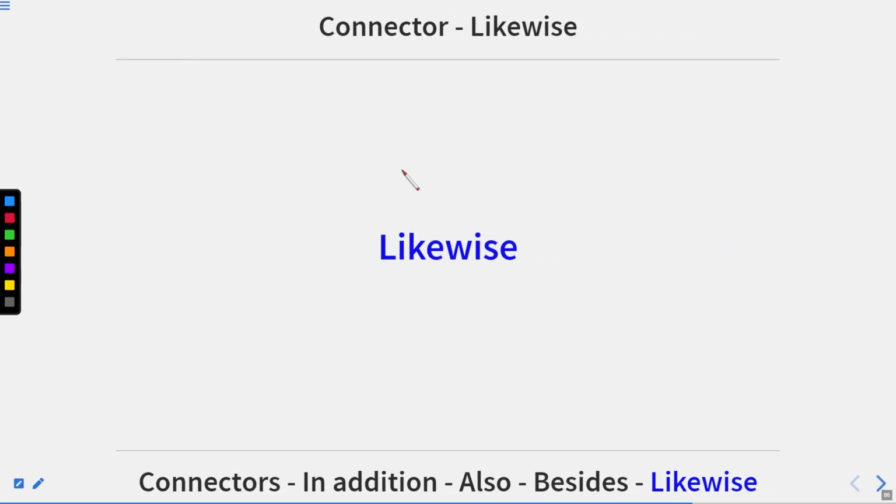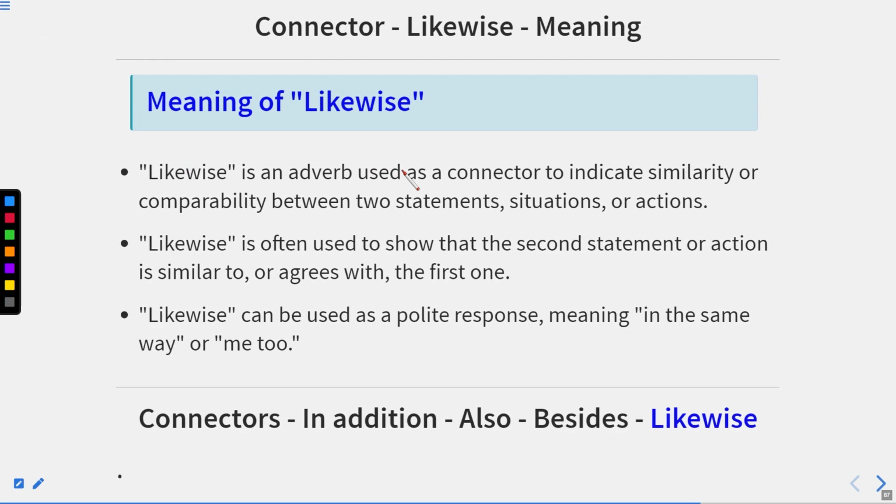Now, here we are going to discuss one more connector, and that is likewise. Meaning of likewise: likewise is an adverb used as a connector to indicate similarity or comparability between two statements, situations, or actions. It means, suppose you are saying something and another person also wants to state the same thing as you have said.